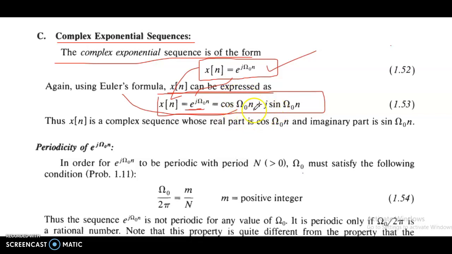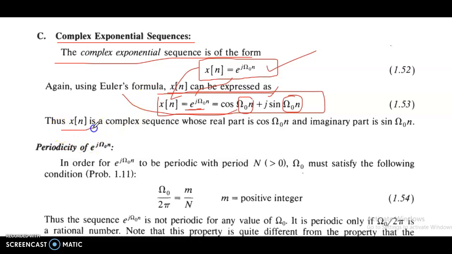For theta we substitute ω₀n, so cos θ plus j sin θ. You know Euler's formula already.